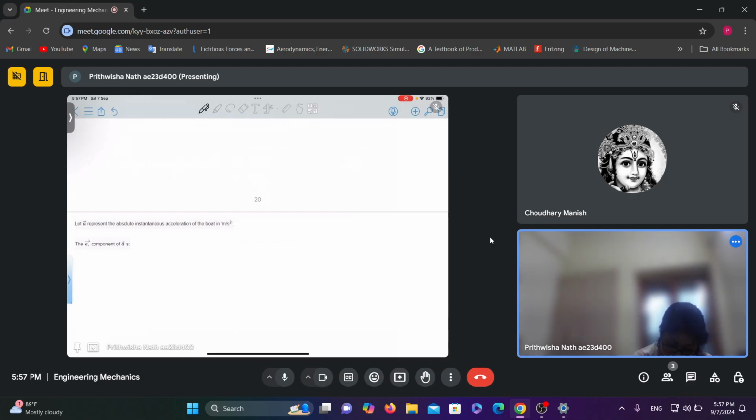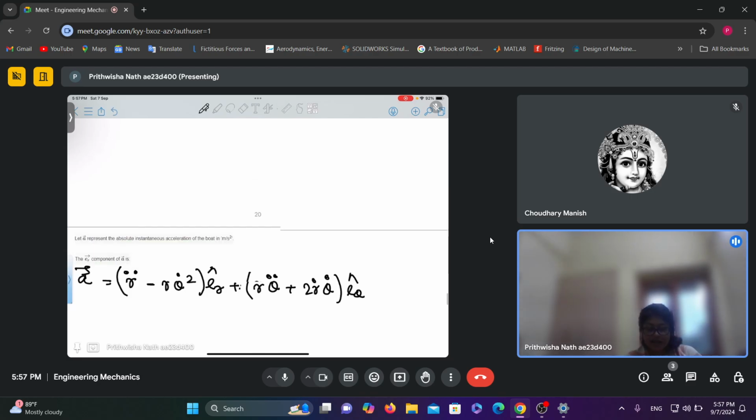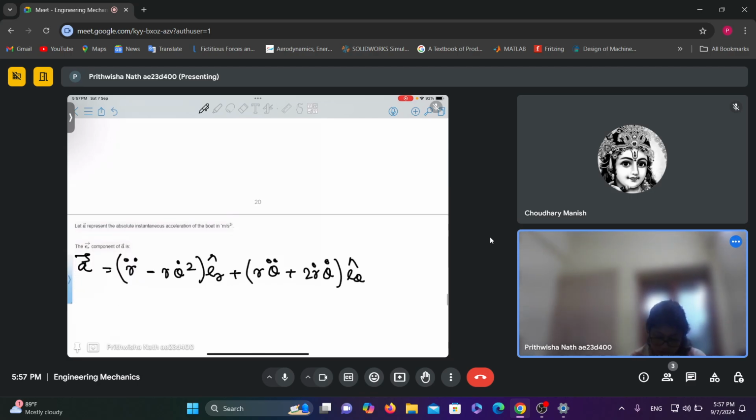So, we know that A is given by, R double dot is 0.